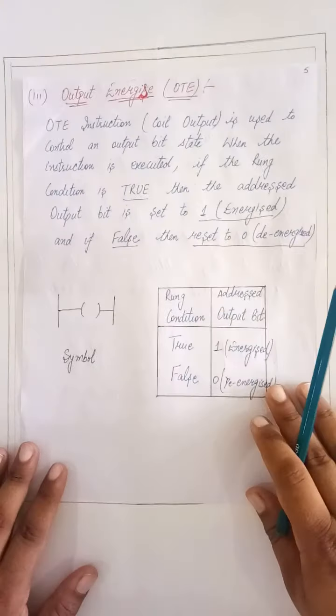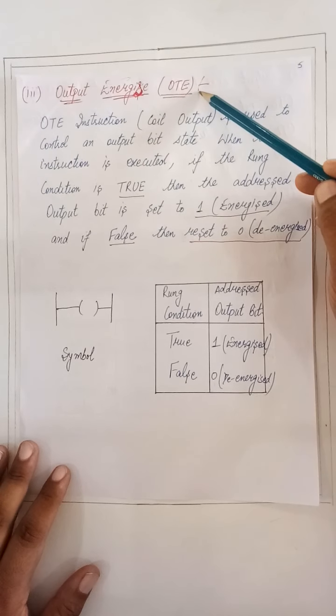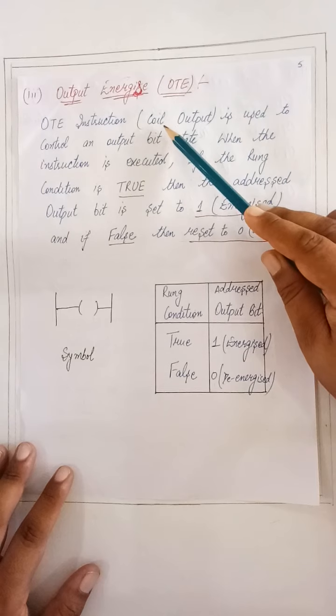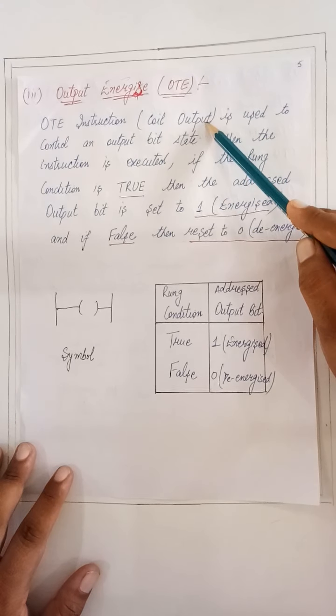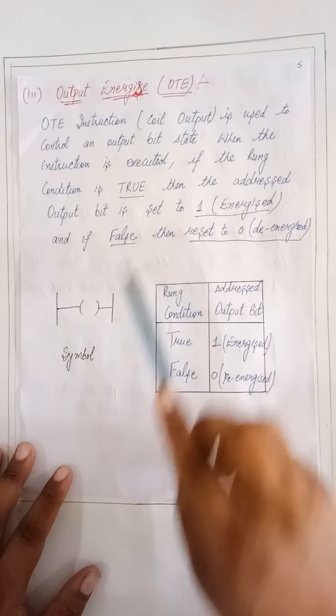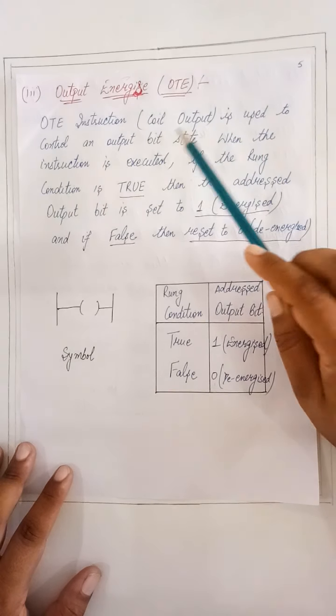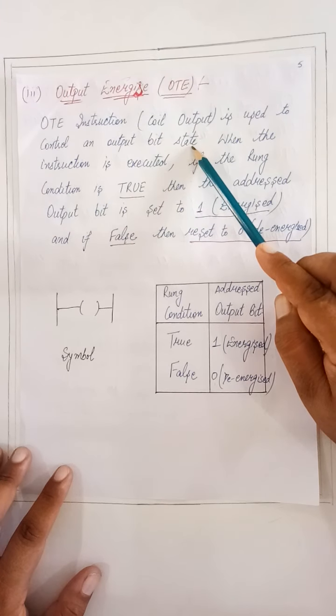Third type is output energize, OTE, also called coil output. This is the symbol for this instruction. Coil output is used to control the output bit state.